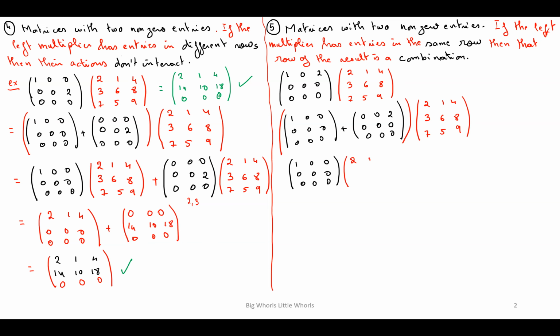The second matrix is 0 0 2 and zeros, multiplied by the same matrix.